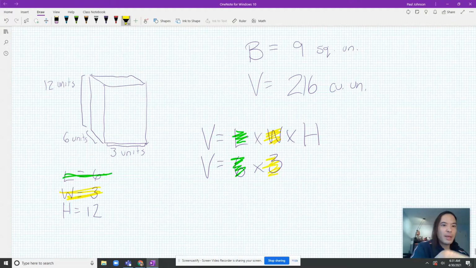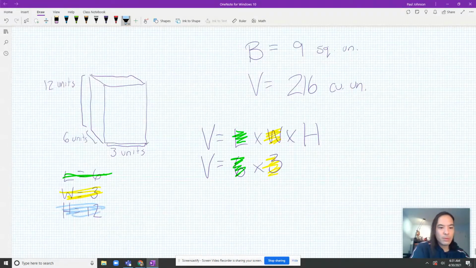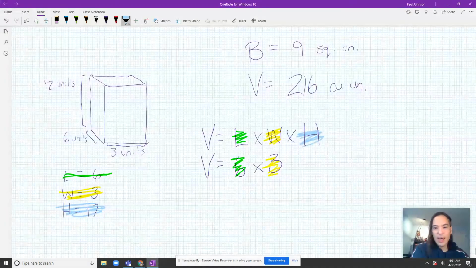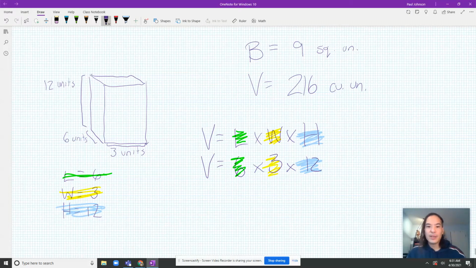And then height was 12, so I'm going to replace the height part with 12. Now we've filled in our formula.